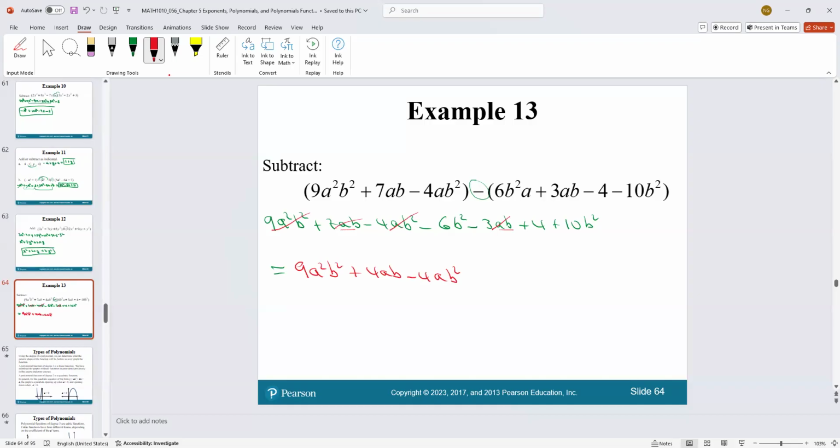I think I missed something here, because this is 6ab squared. No, b squared a. I think this one has an a in it, right? Now I see it.